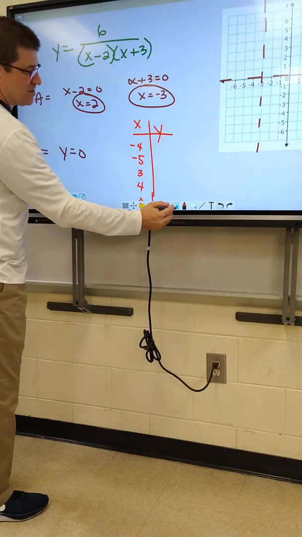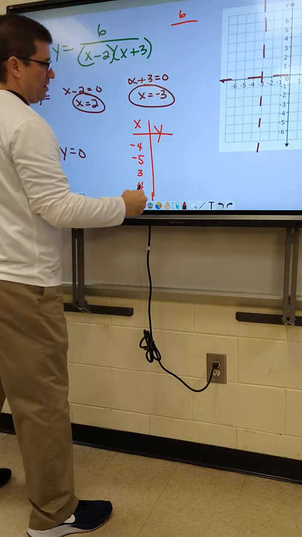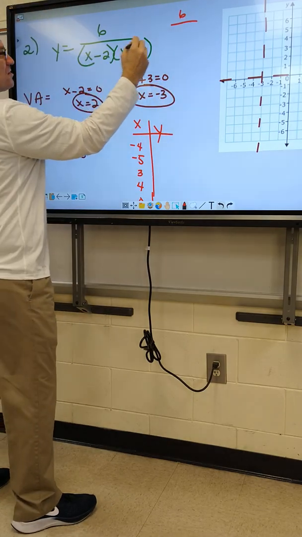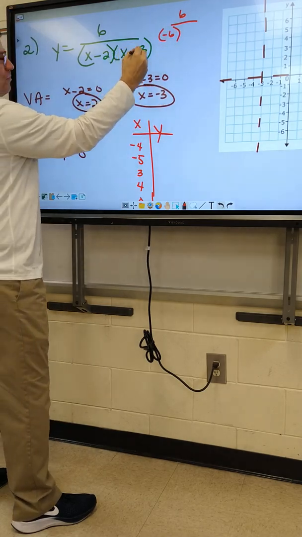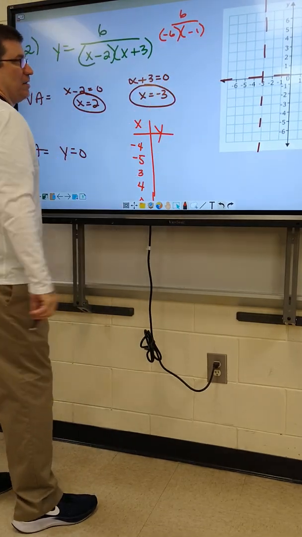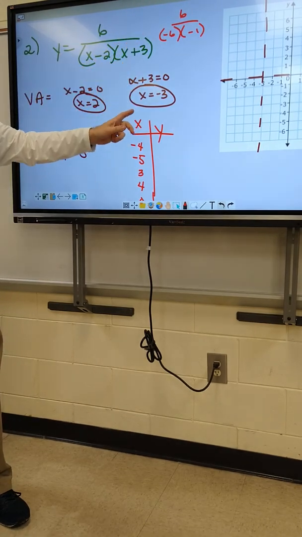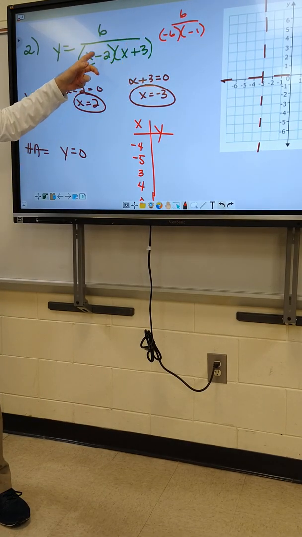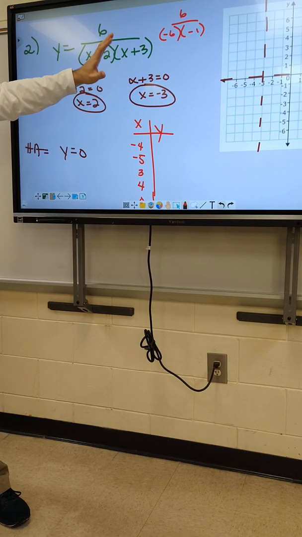All right, now plugging these in the calculator takes a little more time. We got 6 on top. -4 minus 2 goes here, that's -6. -4 plus 3 is -1. So I did some of that in my head to make it easier. You don't have to. You can plug -4 minus 2 there and -4 plus 3 in that parenthesis. I don't care how you do it.